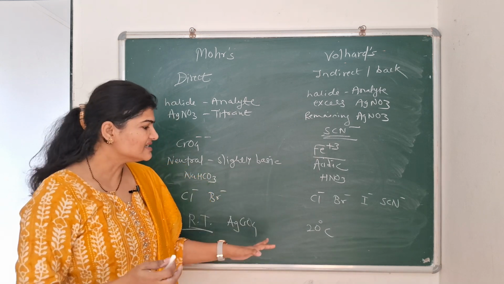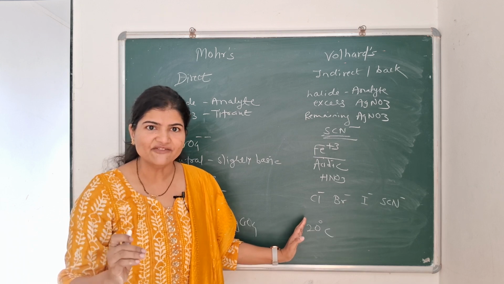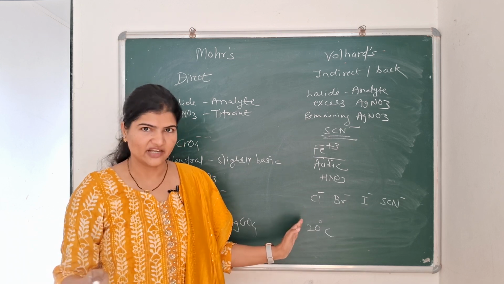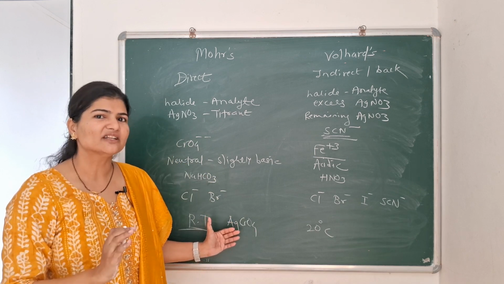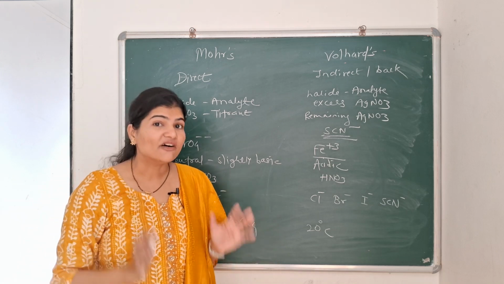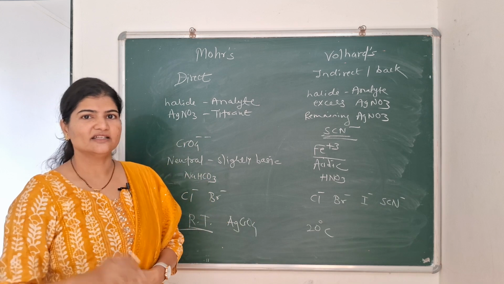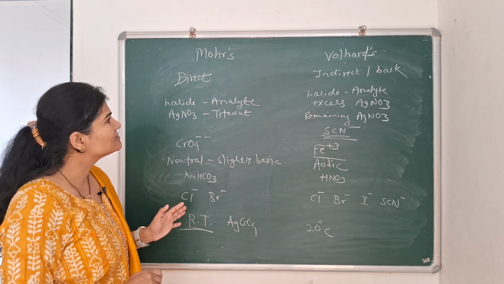So in Volhard's we have to keep the temperature below 20 or 25 so that the color does not fade away, and in Mohr's we have to keep the temperature at room temperature level, because the solubility of silver chromate is affected as the temperature is increased. I think we have covered all the points mostly.